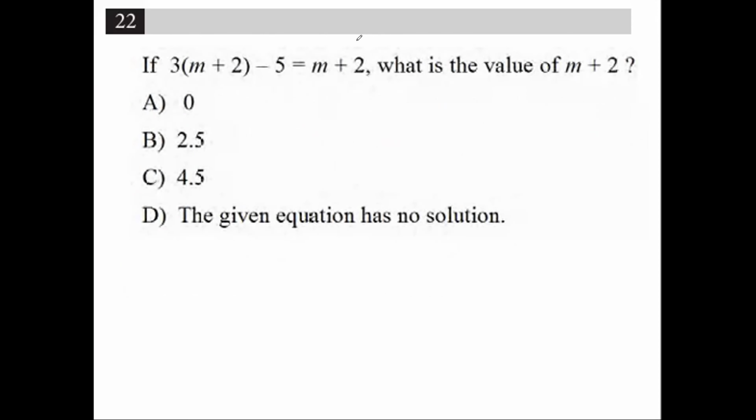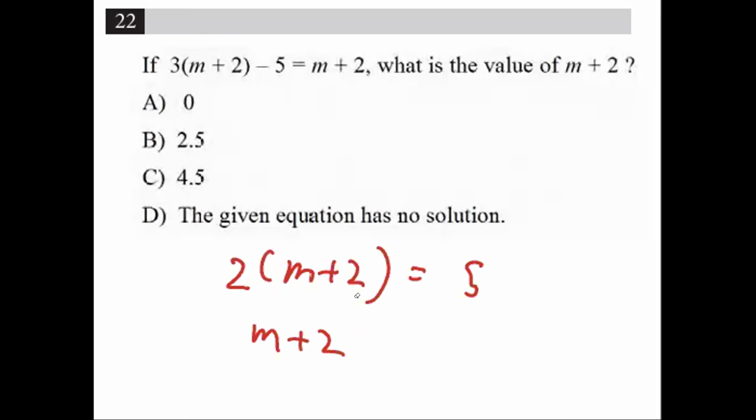We can subtract n plus 2 from both sides, and add 5 to both sides. That gets us 3n minus 2 minus n minus 2 is just 2n plus 2, and then we add 5 to both sides, so equals positive 5. Then we divide both sides by 2 and we get n plus 2 equals 5 over 2. So the value of n plus 2 is 2.5. So the correct answer is B.